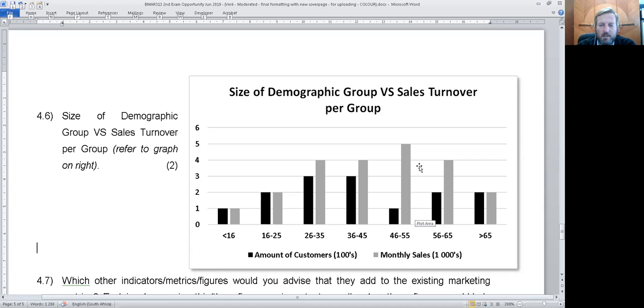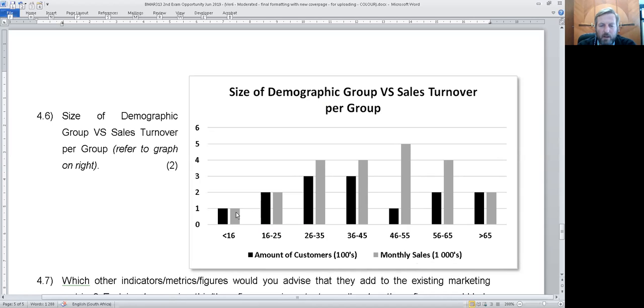In the first instance, one would say, listen, this thing in its entirety makes no sense, because if every person in this age group only spends on average... sorry, let's go to this one. Amount of customers is 100 and monthly sales is 1,000.